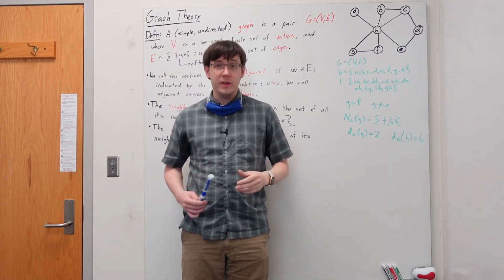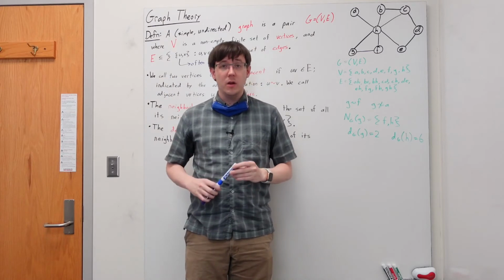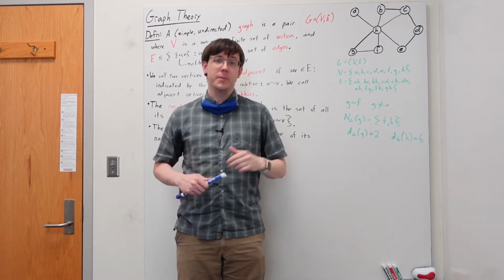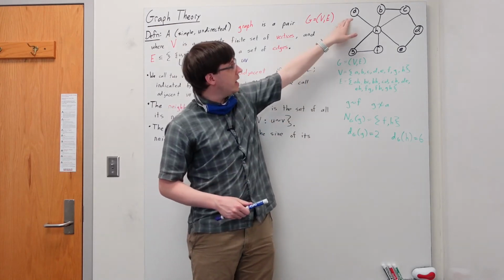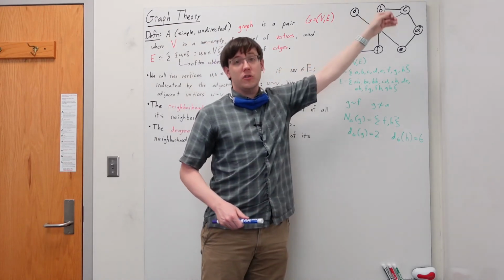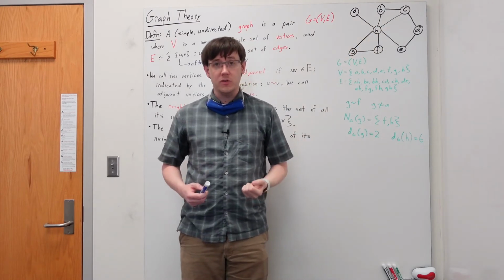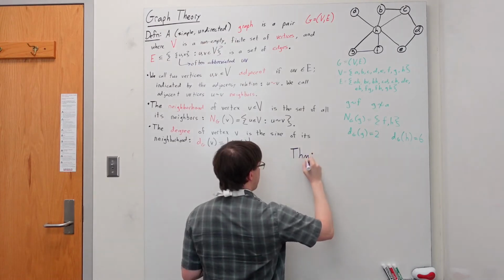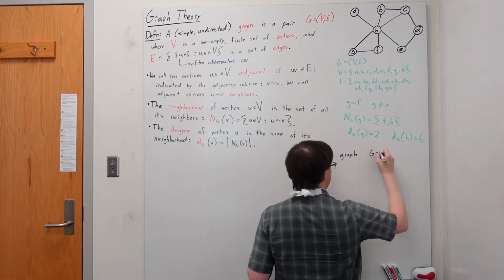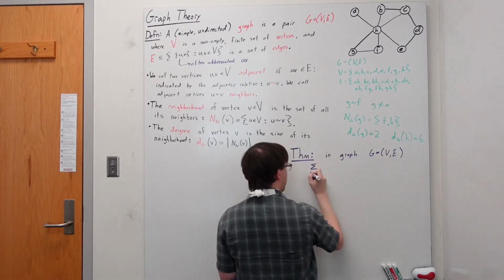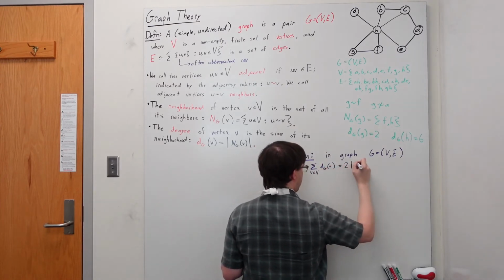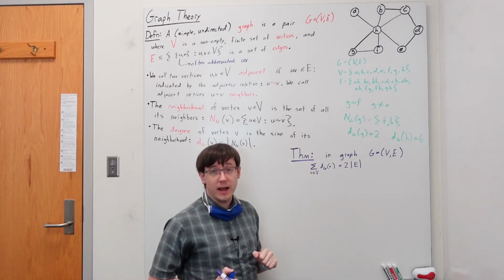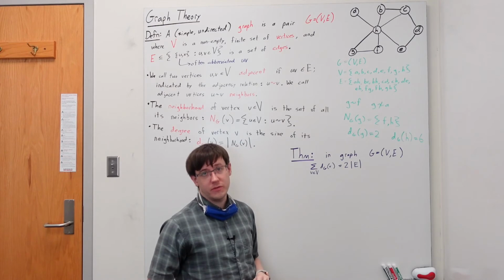But focusing on the undirected graphs we've defined, what is the sum of all of the degrees in the graph? If we were to add up the degree of A plus the degree of B and so on for all of the vertices, can we come up with a formula for the total degree? I claim that the sum of degrees in an undirected graph is twice the number of edges.